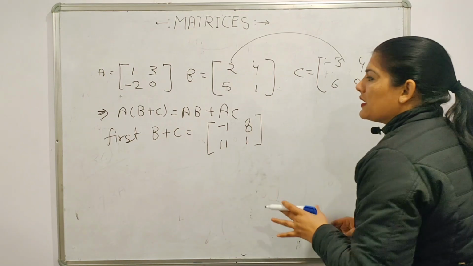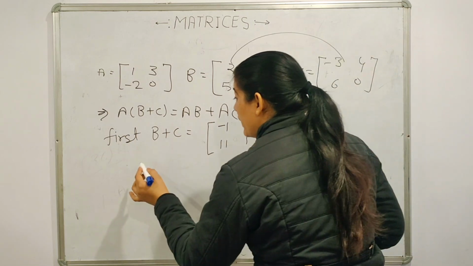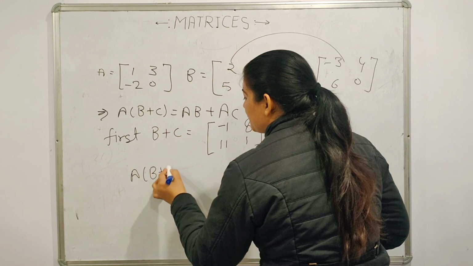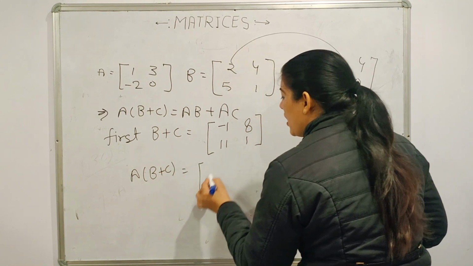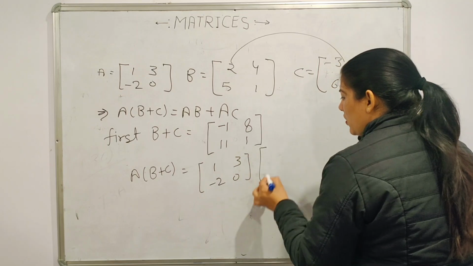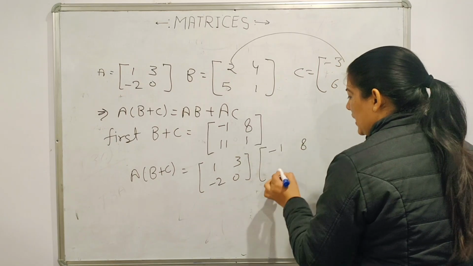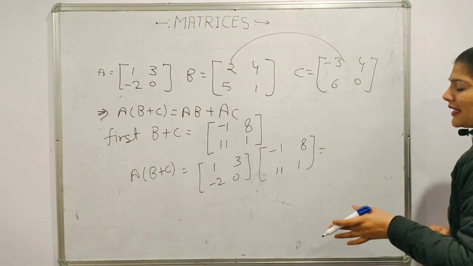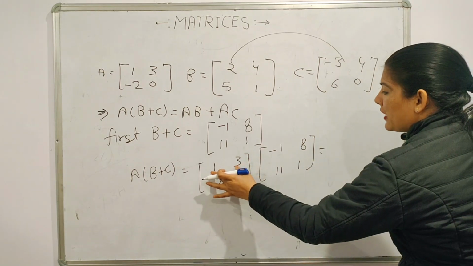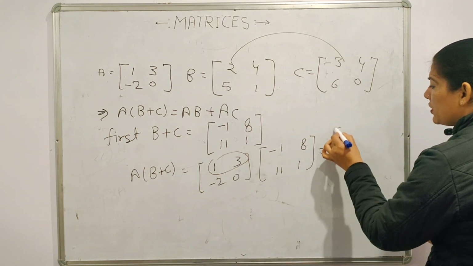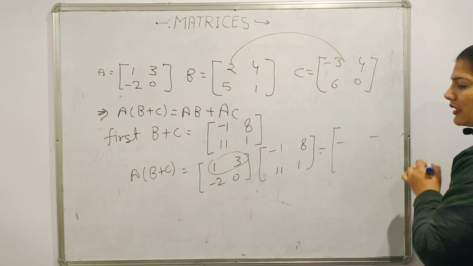Now multiply this with A. So first you have to write A, then B plus C. So you have to multiply 1, 3, minus 2, 0 with minus 1, 8, 11 and 1. Again in the same manner you take the first row, multiply it with the first column and second column, which gives you the first element and second element here.